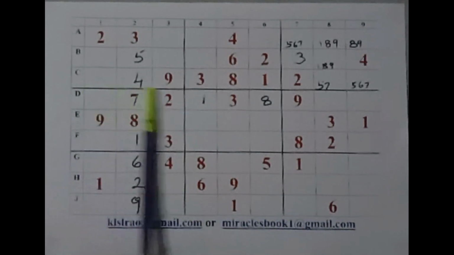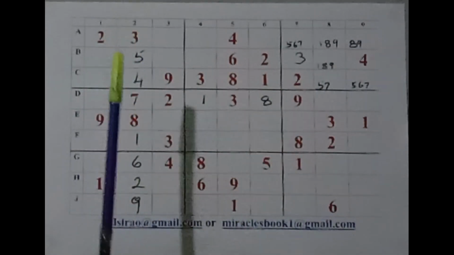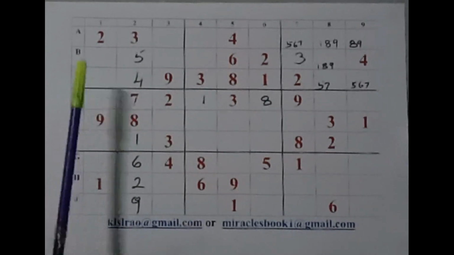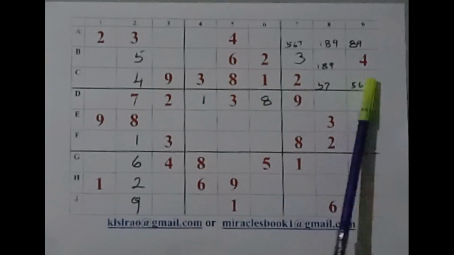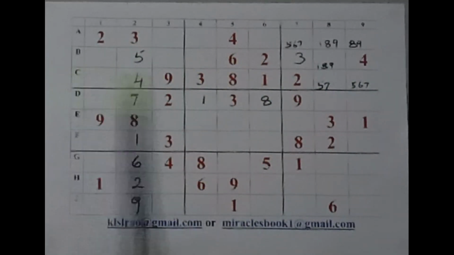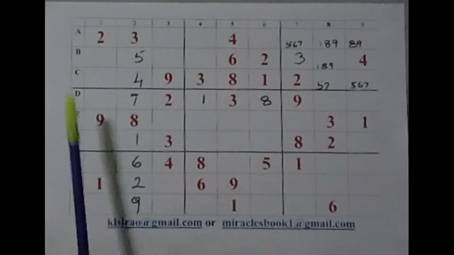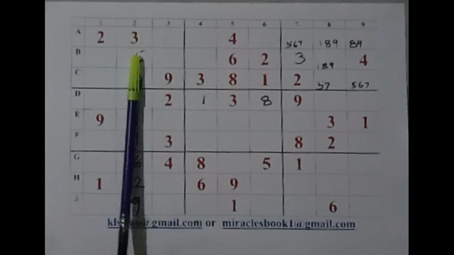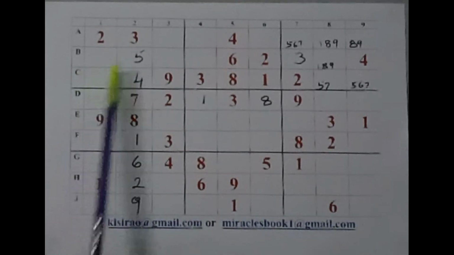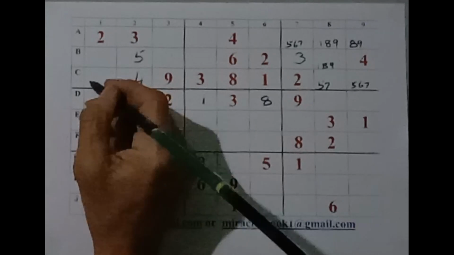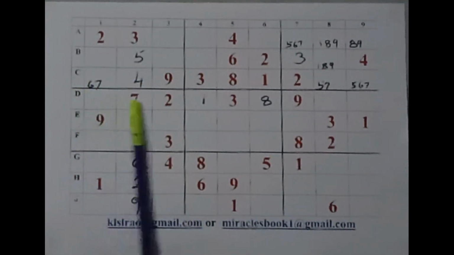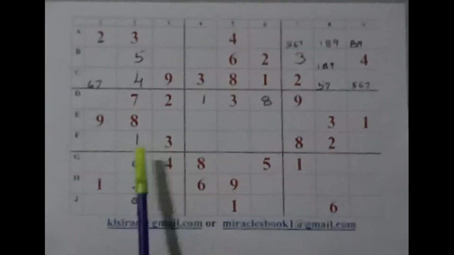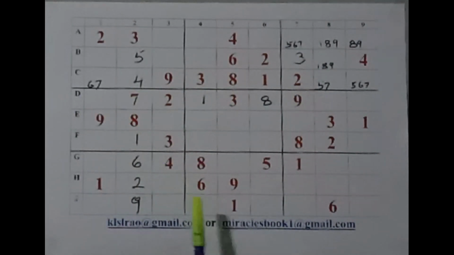Now, let us go for one more important trick. Let us fill this row C. What are the numbers which can be taken? I have written number C in the C1. Only 3 vacancies are there in row C. It is for 5, 6 and 7. We have this 5 here. That means we can write 6 and 7 here. And look at row D also. We have 3 vacancies now.